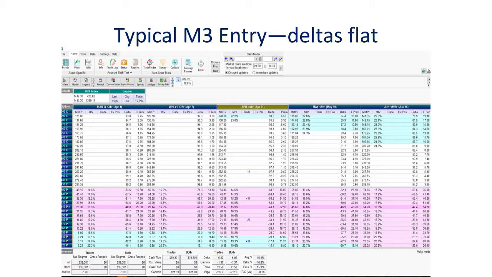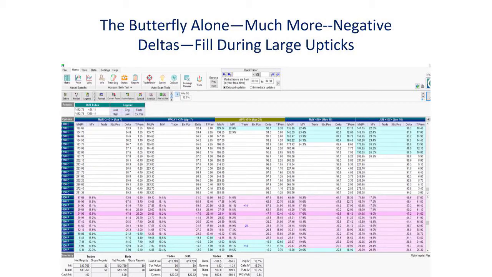And what normally is the condition that's going to trigger a butterfly position getting filled, and that is a rally during the day. When the market spikes up, when the tick goes strongly positive, that's normally when you will see these butterflies filling. But think about it.